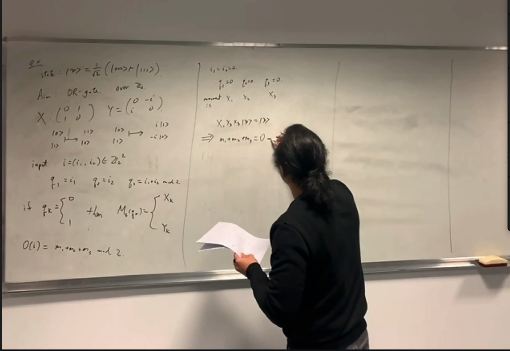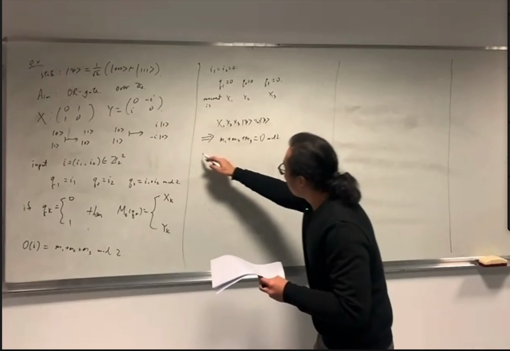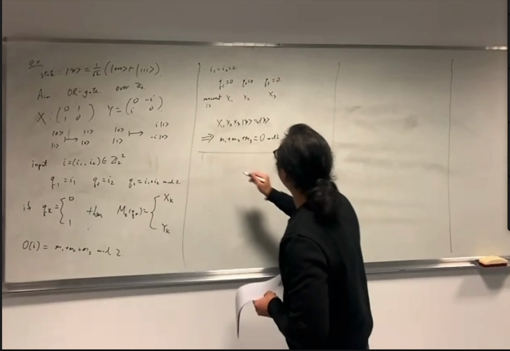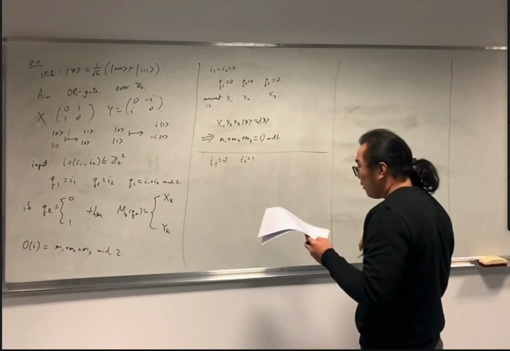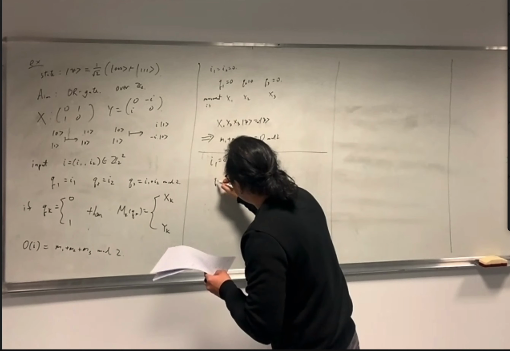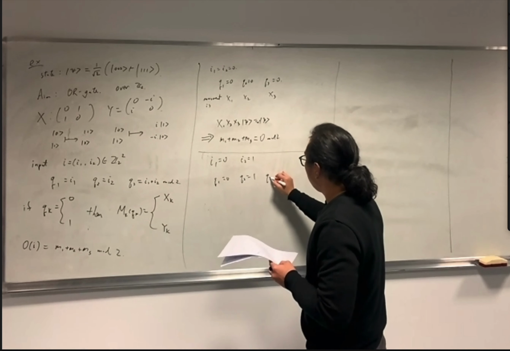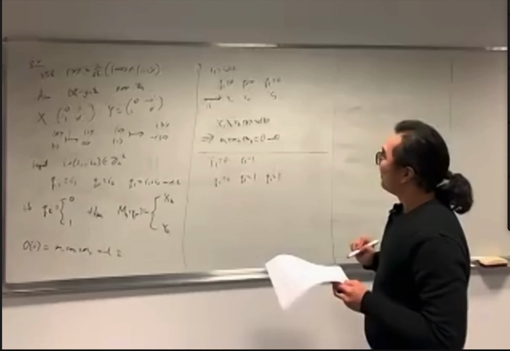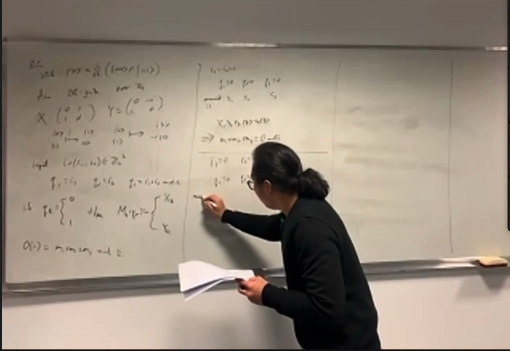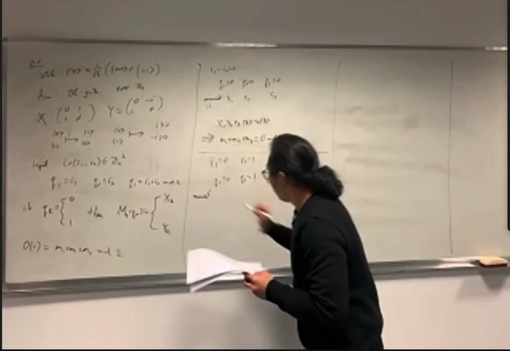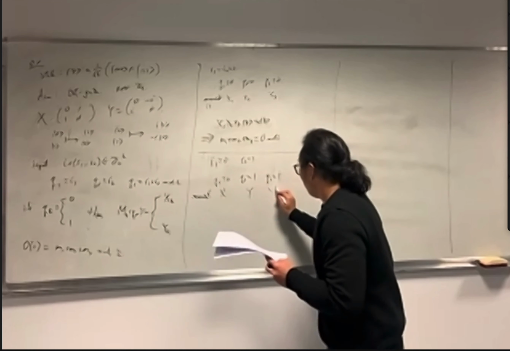Okay, we can do another case. For example, we can do I1 is 0, I2 is 1. Okay, in this case, Q1 would be 0, Q2 would be 1, Q3 is the sum of them, and then the measurement would be X, Y, and Y. Because if Q is 1, then you take the Y measurement.